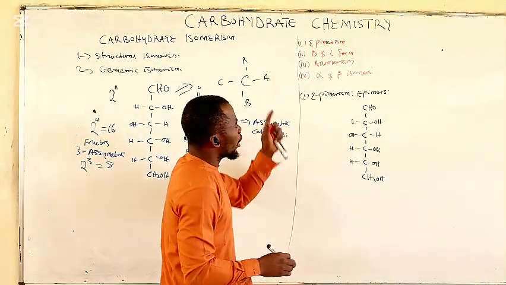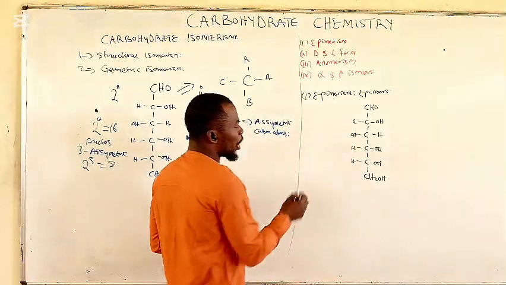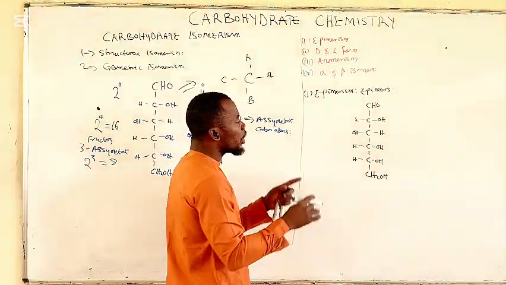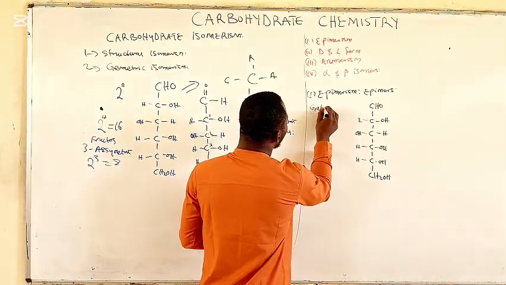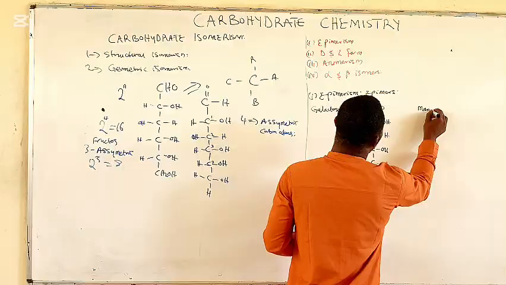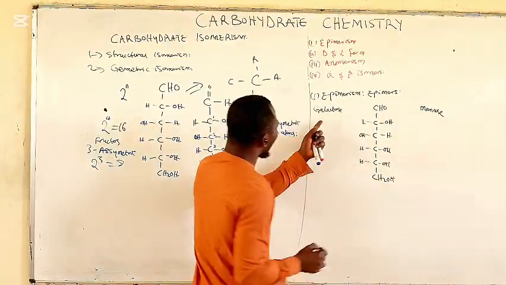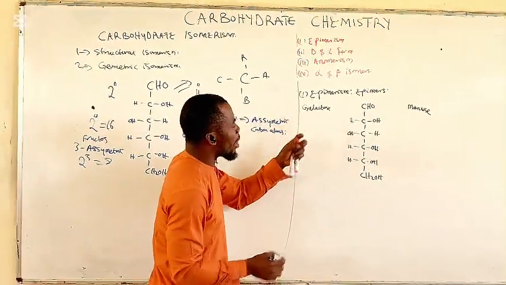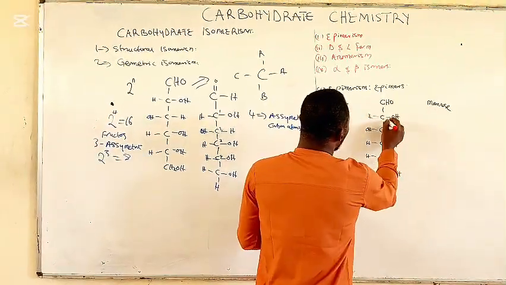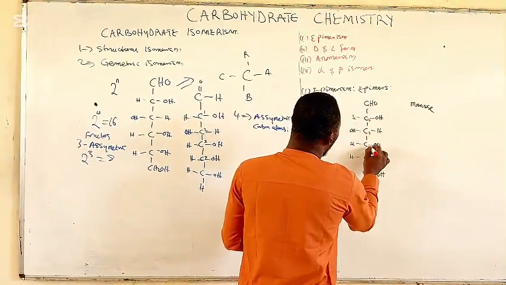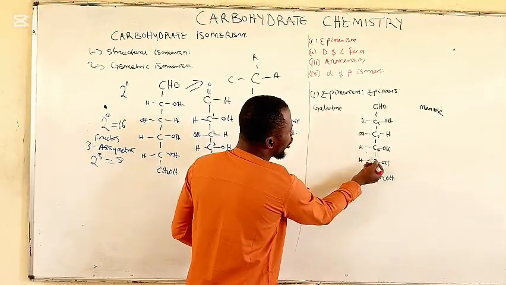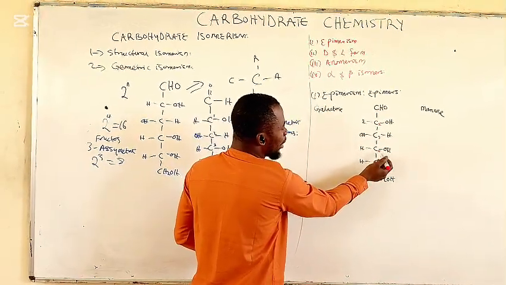Galactose and mannose are epimers of glucose at carbon 4 and carbon 2 respectively. Galactose is an epimer of glucose at carbon number 4, so it differs only in the orientation of the OH at carbon 4.